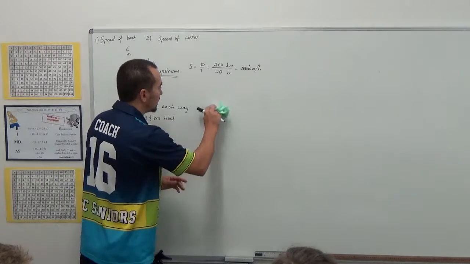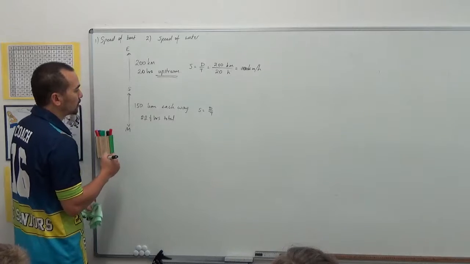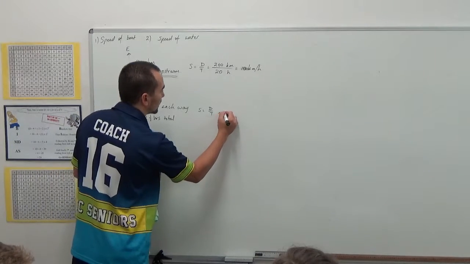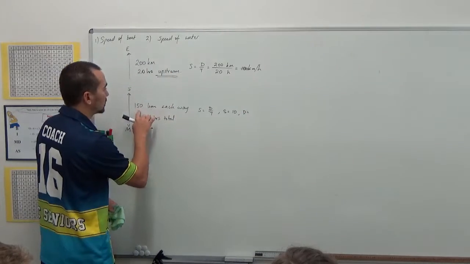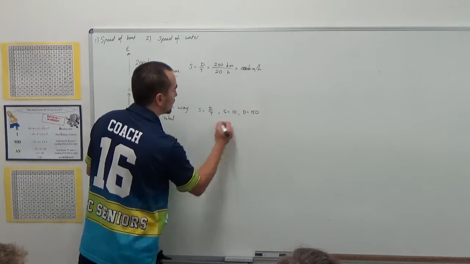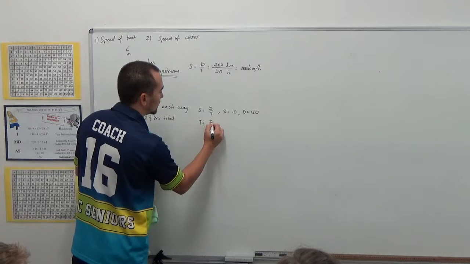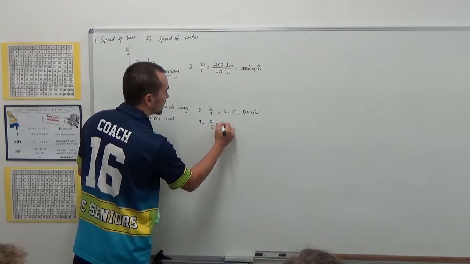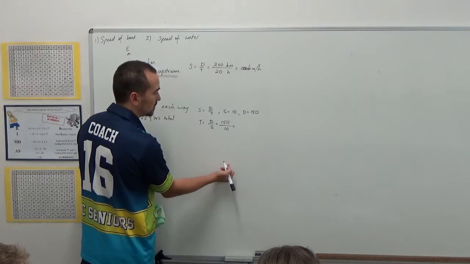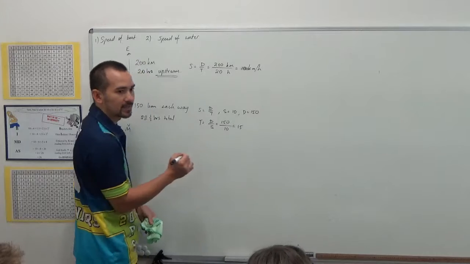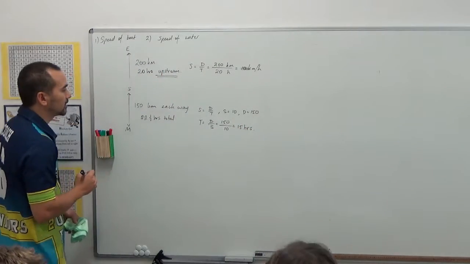If speed is equal to distance over time, then time is equal to distance over speed, which is 150 divided by 10, which is 15 hours. Excellent.